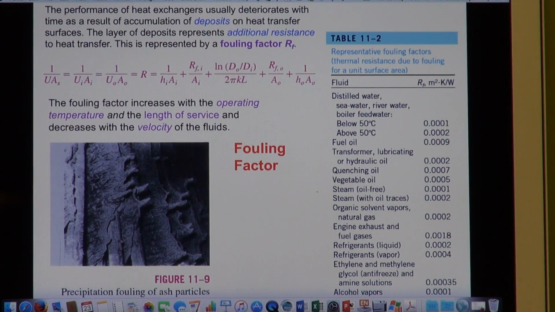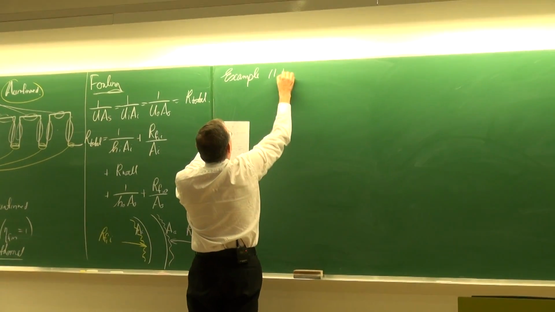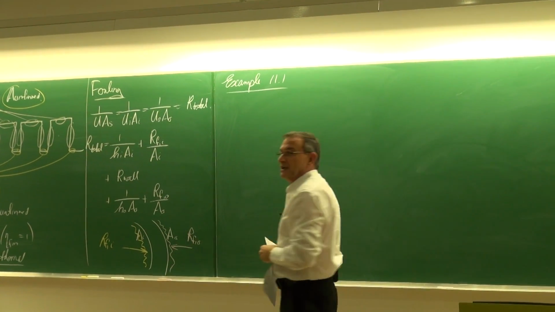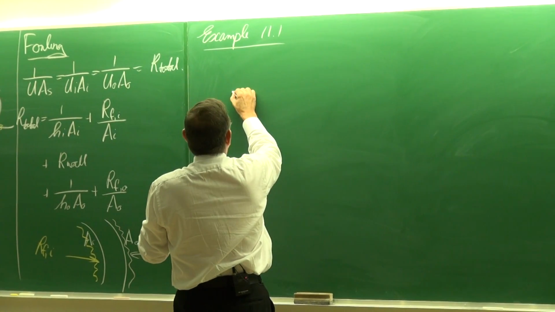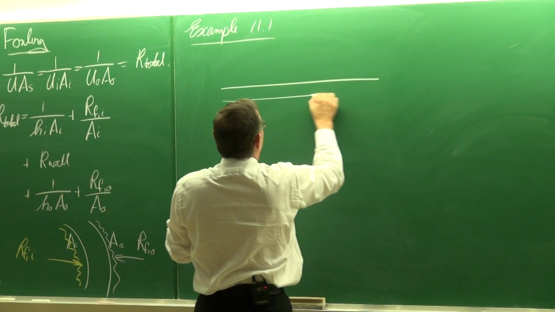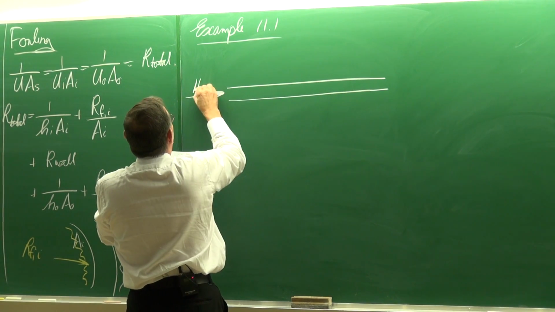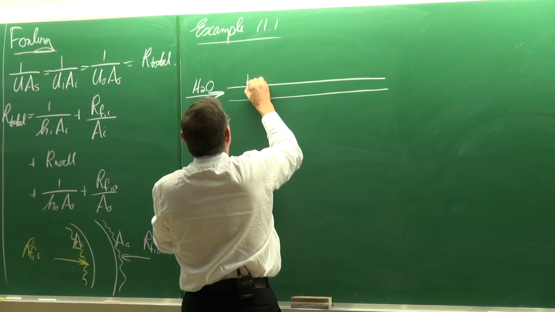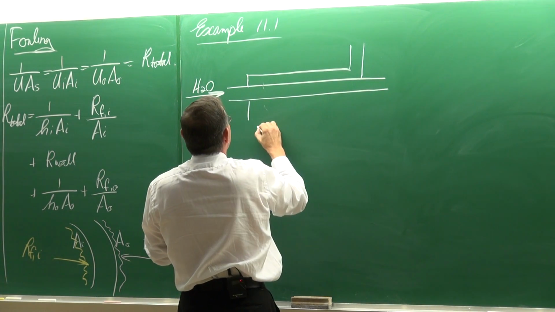Let's start with doing some examples so that we can see how we should apply the theory that we've done up to now. And we start with example 11.1 of a tube-in-tube heat exchanger. So that is the one tube, and we've got water flowing through this heat exchanger like that, in that direction. It's a counterflow heat exchanger.